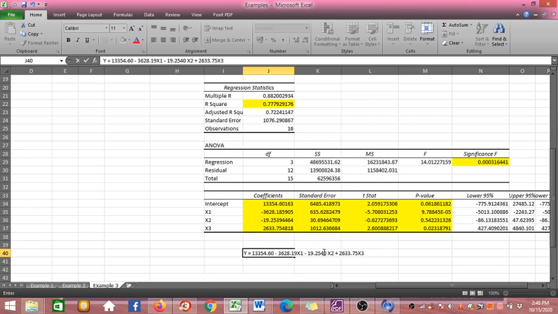Oh, eto pala, since two decimal points lang, so 19.25.